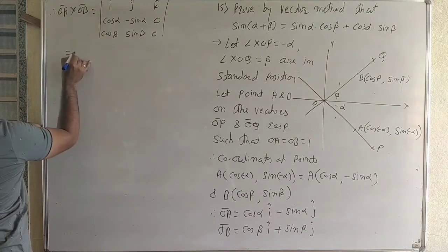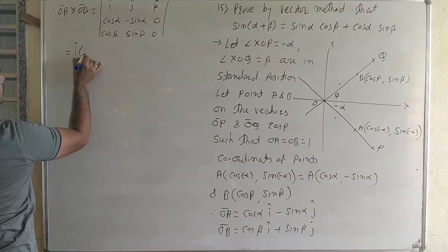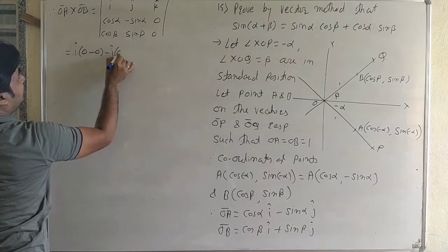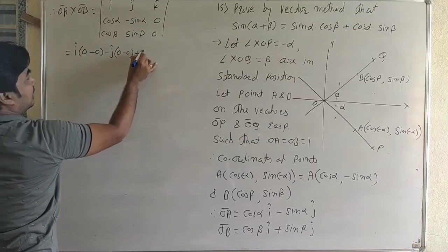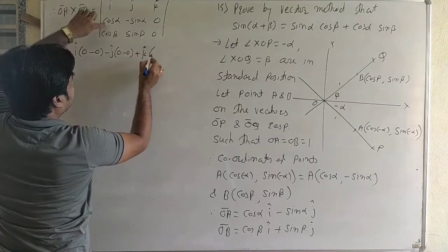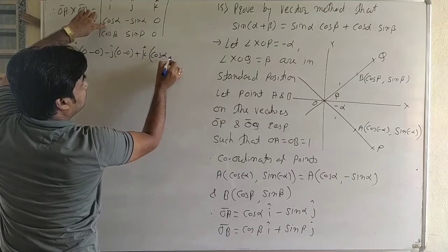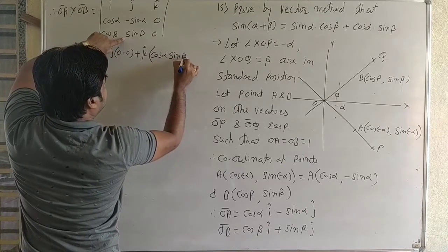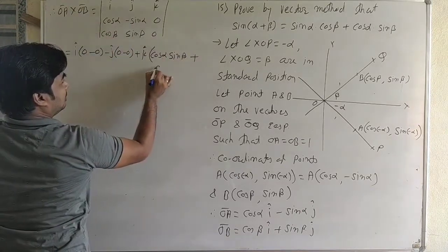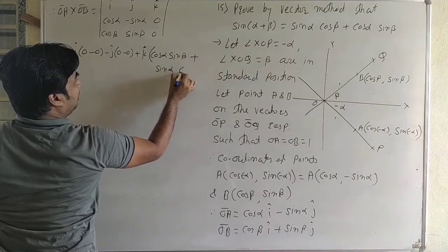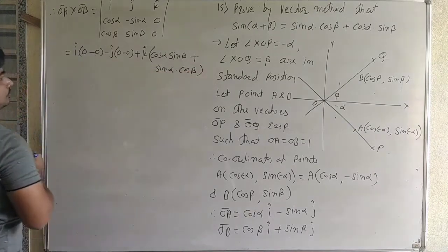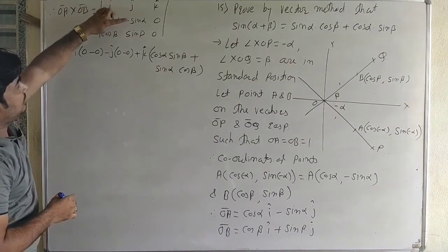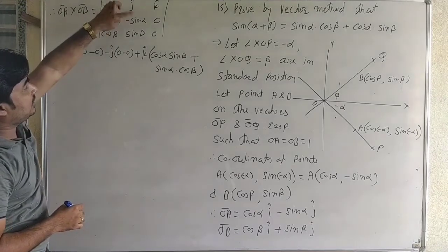Now we take the cross product: i cap into 0 minus 0, minus j cap into 0 minus 0, then plus k cap into, see carefully, cos alpha into sin beta, and plus sin alpha cos beta. Here see carefully, cos alpha sin beta and plus cos beta sin alpha.